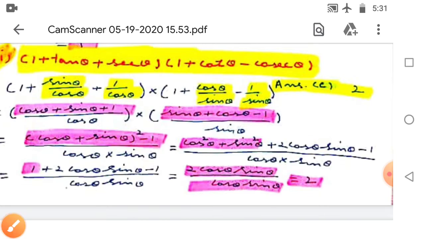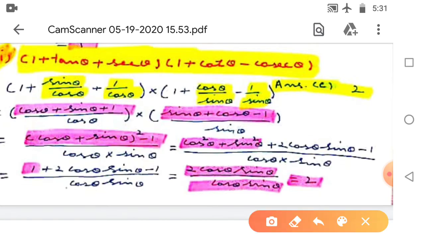Now again look at the numerator. Here cos theta plus sin theta plus 1, here sin theta plus cos theta minus 1. So this is in the form of a plus b and a minus b. Cos theta plus sin theta we take as a, plus 1 here, minus 1 there.